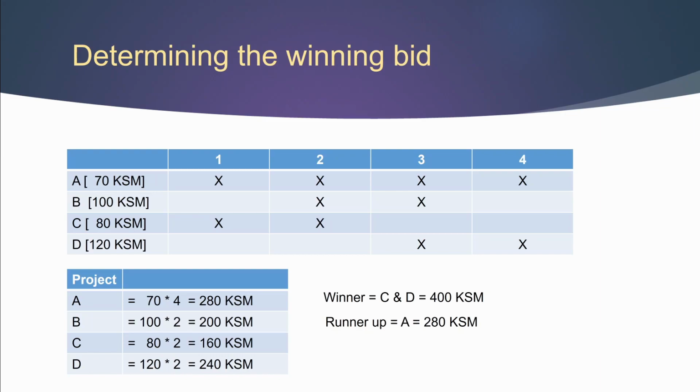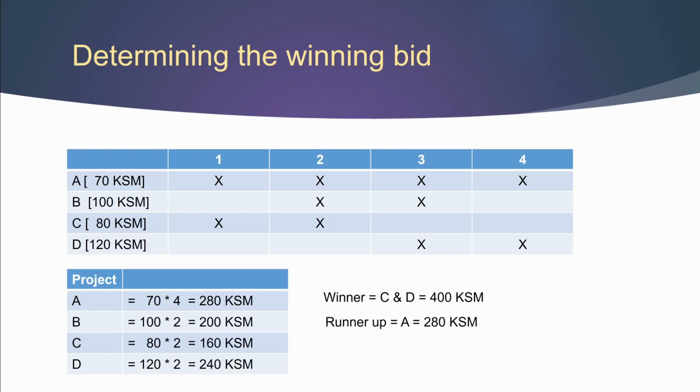So let's take a look. We have the table to the top, and there are 4 projects, A, B, C, and D. And there are 4 lease periods, 1, 2, 3, and 4. So we have project A bidding for lease periods 1, 2, 3, 4 at a rate of 70 KSM per lease period.